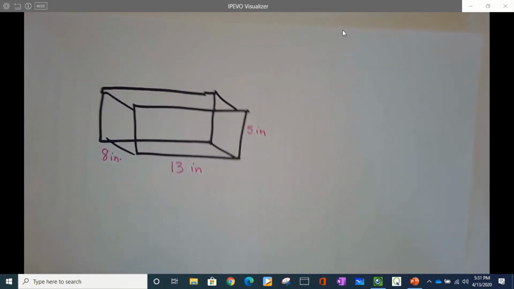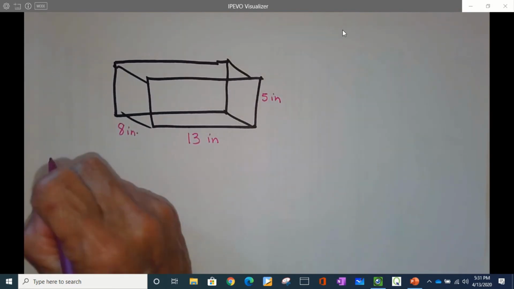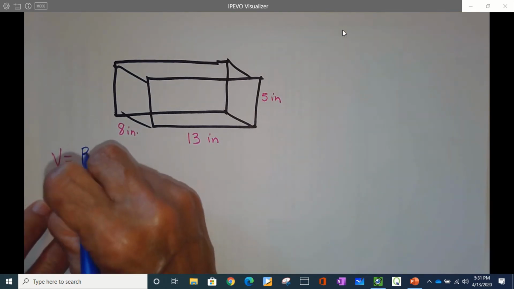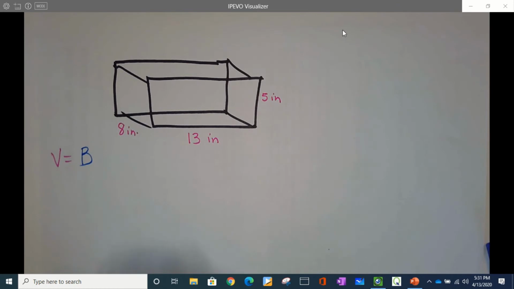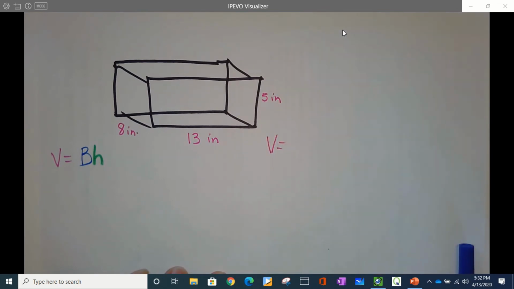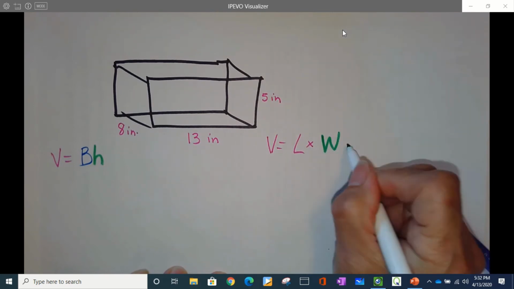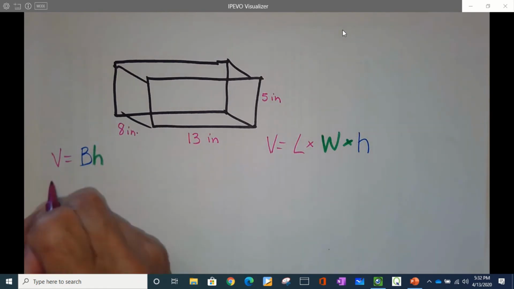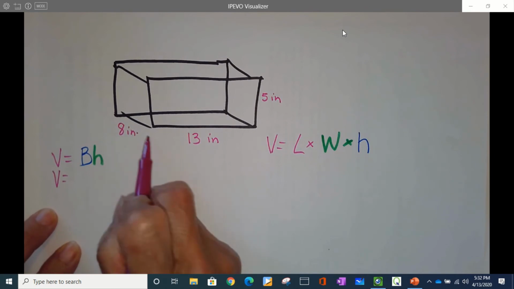And again, I'll do both of my formulas. Volume equals base times height. And this one over here is going to be volume equals length times width times height. I'm going to plug these in. So these two here, you actually multiply. We would call these the bases.